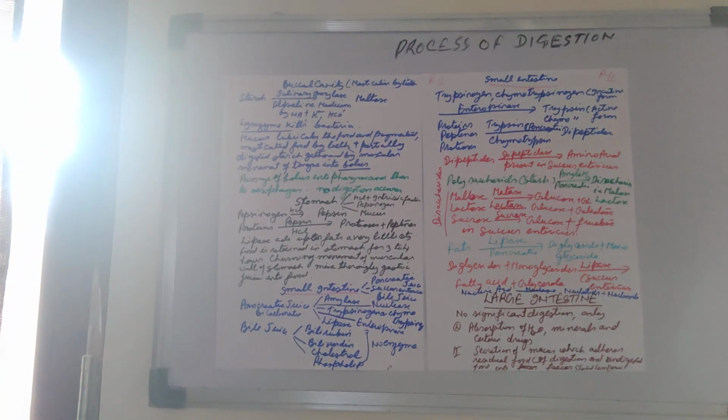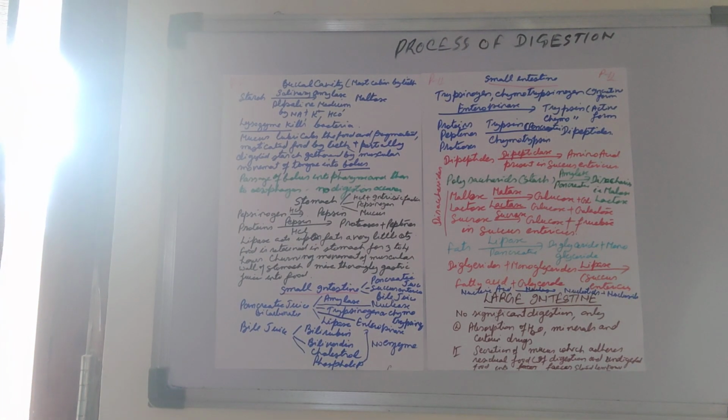Salivary glands secrete the saliva, which contains salivary amylase and some ions: potassium ion, sodium ion, chloride ion and bicarbonate ions. In addition to this, lysozymes and mucus.